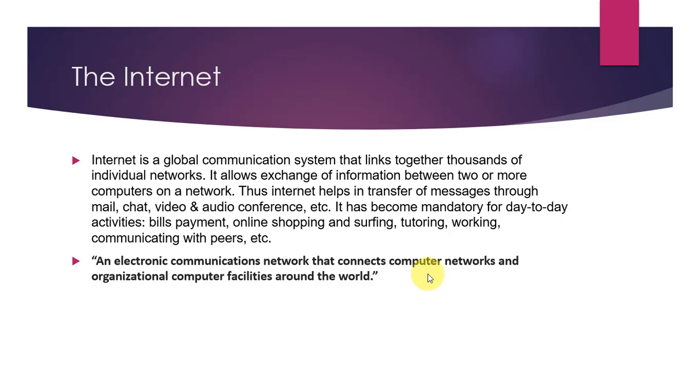The first thing is the internet is a global communication system that links together thousands of individual networks. It allows exchange of information between two or more computers on a network. Thus, internet helps in transfer of a message through mail, chat, video, audio conference, etc. There are many other utilities like playing games, watching movies, and whatnot.